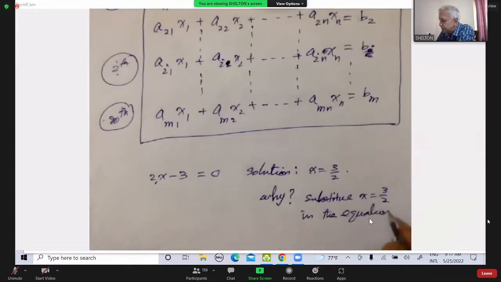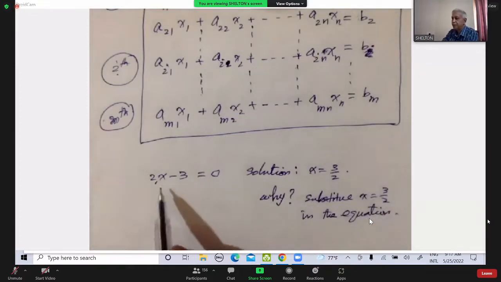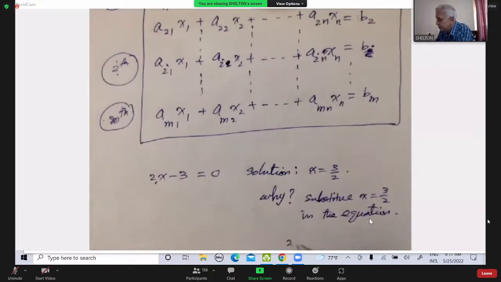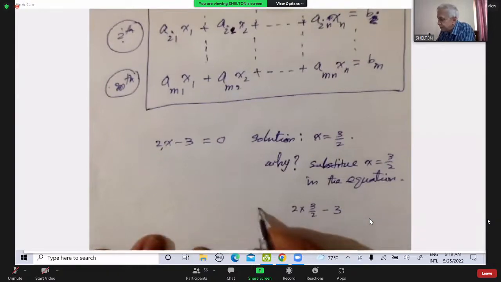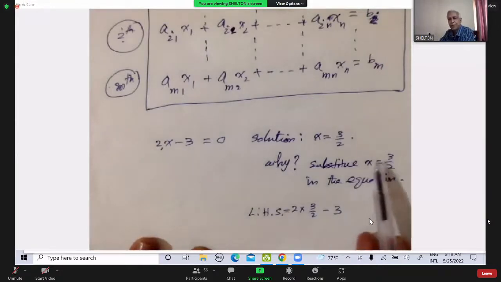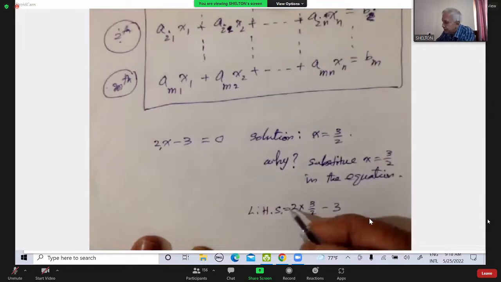In the equation, what do you see? If you put 3 over 2, so 2 times x is 2 times 3 over 2 minus 3. Left hand side of the equation is this. Now this cancels. 3 minus 3 is equal to 0.